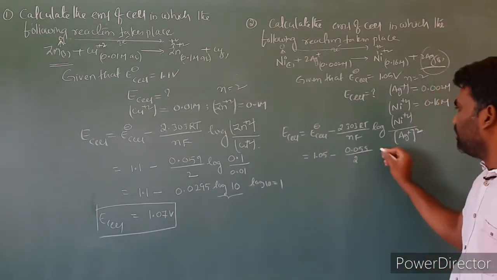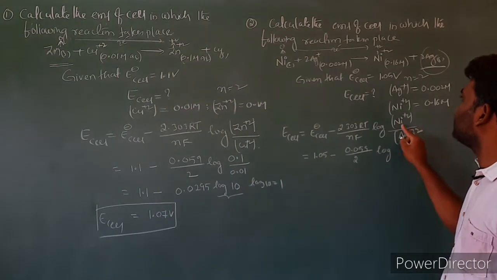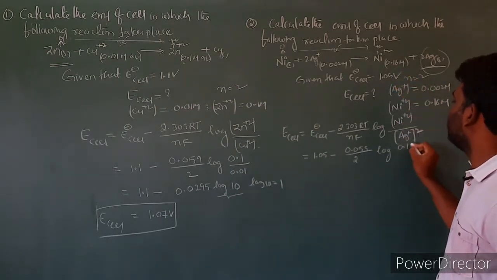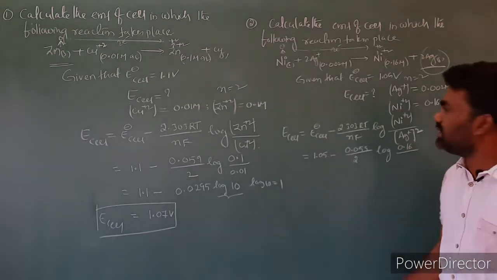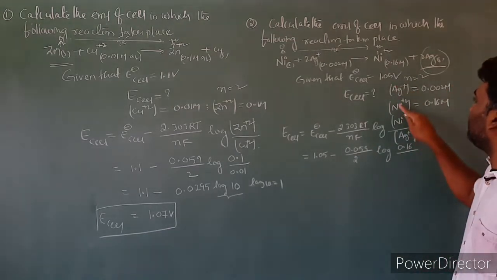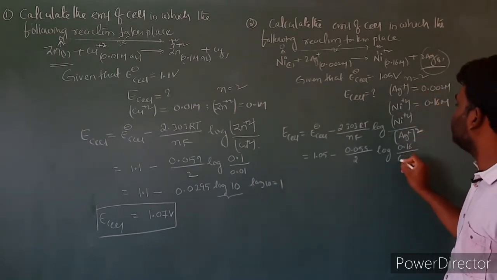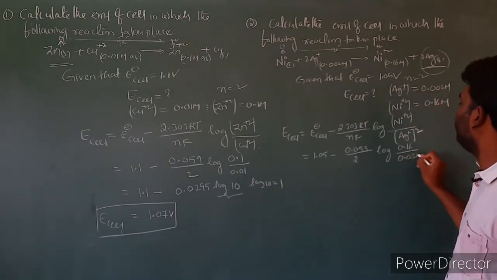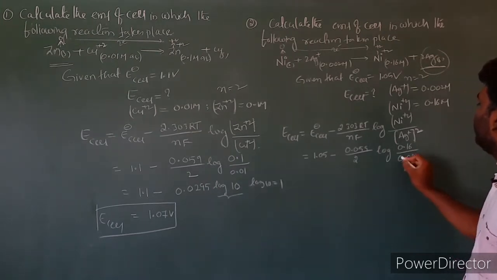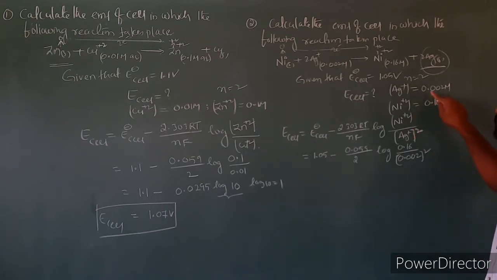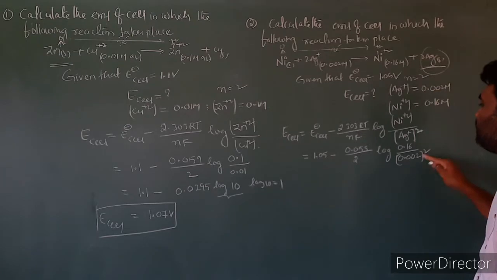Then log of the concentration of Ni plus 2, how much is given? 0.16. And the concentration of Ag plus is given as 0.02 M. Concentration power 2 will be there, so 0.002 power 2.